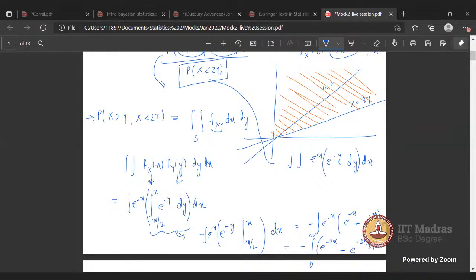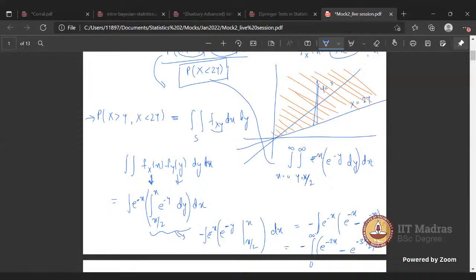Sorry, I said it wrong before. So your y is varying from x by 2 to infinity, and x is varying from 0 to infinity. Right? Is this clear?